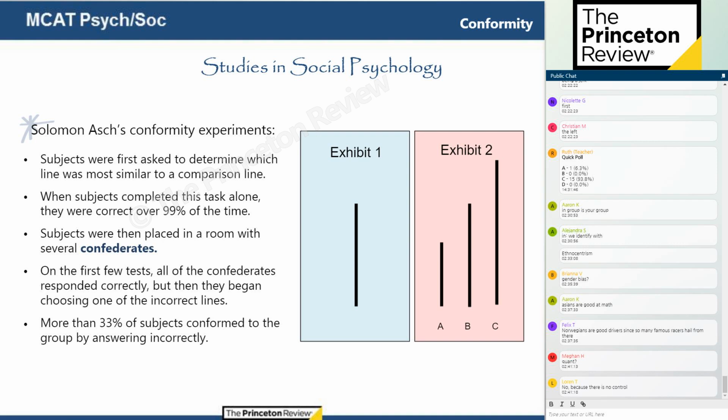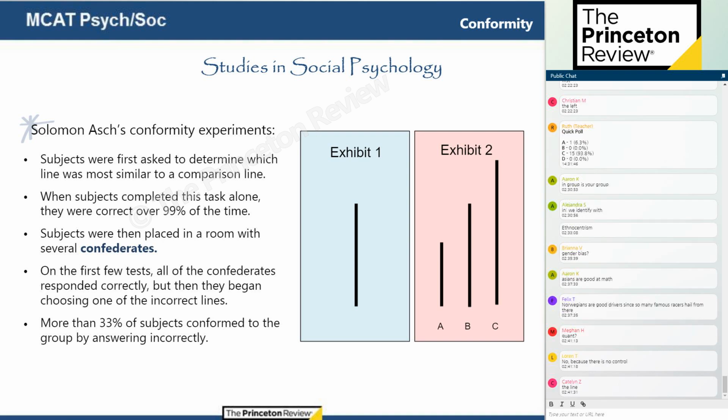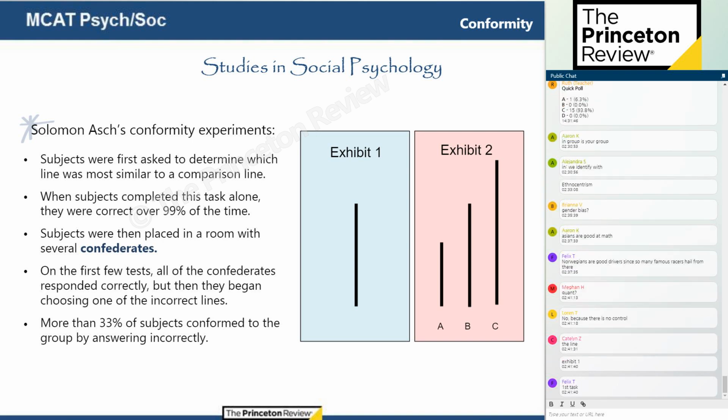There is something that's used as a control in this study. The first task, right?